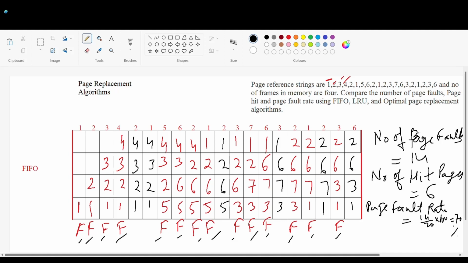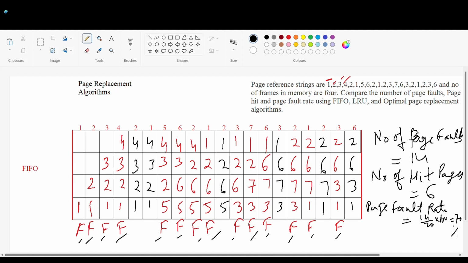Understand the point: in LRU, we replace the page that has not been used for a longer period of time, but in the optimal page replacement algorithm, we replace the page that will not be used for a longer period of time in the future. So which page will not be used for the longest time? We will replace that page.